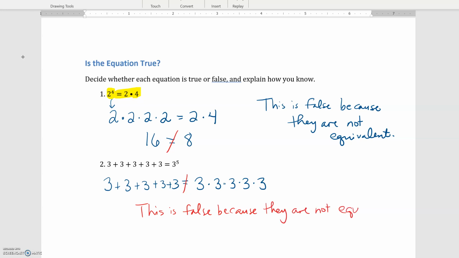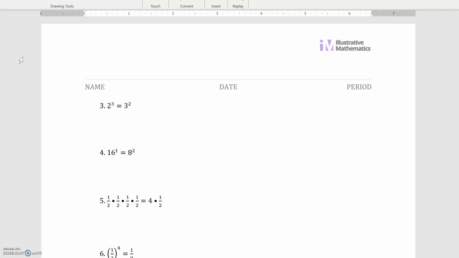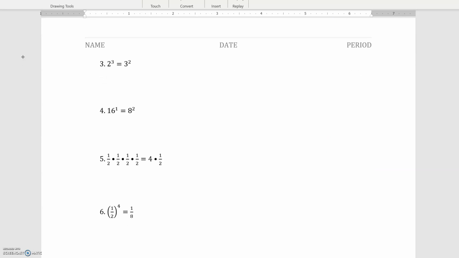So just to recap some steps to take when you're testing some expressions, write them all with only multiplication and addition, or just no more exponents, and then use your mental math to decide if it's true or false, that they are equivalent or not. So what you will do is now look at the back side at number 3 and 4, these two on top, and work them out and decide, are they true or are they false?